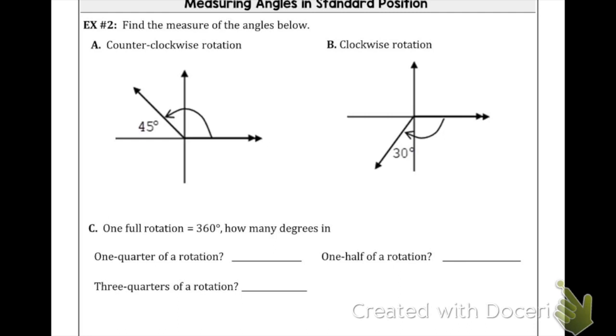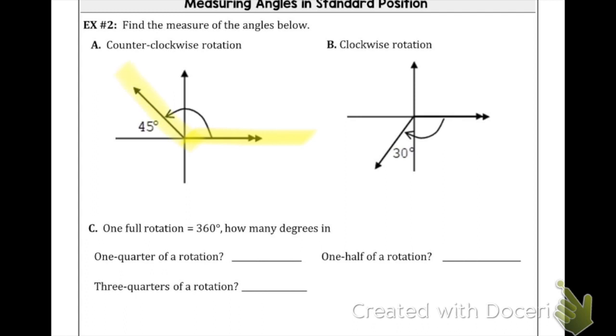For example 2, we're going to start looking at how we can look at angles in standard position, sorry. So we're going to find the measure of the given angles, which are labeled with the little arrows. So for our first angle, we have our initial side here, terminal side here.